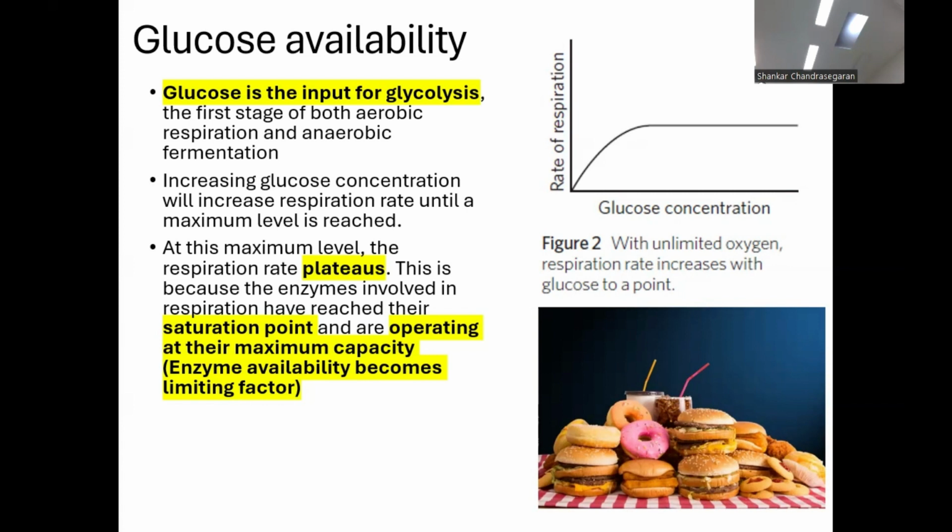This is because the enzymes involved in respiration have reached their saturation point, in which case another factor has become the limiting factor. So you could say that enzyme availability is the limiting factor here, because there aren't any enzymes to take up any extra glucose. So the rate of respiration has plateaued and will stay consistent.